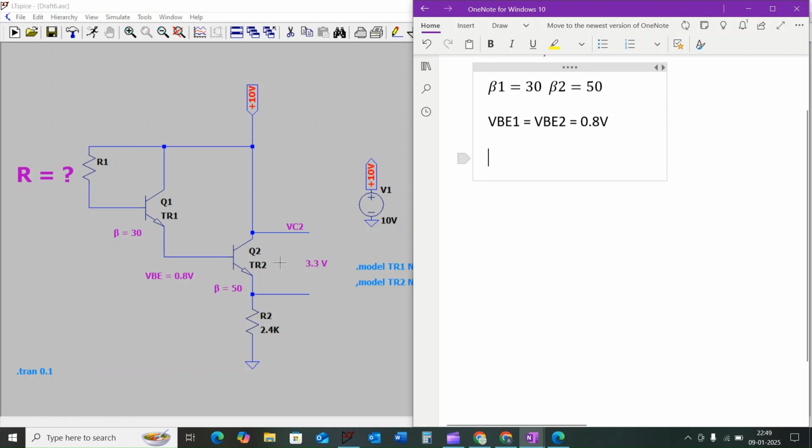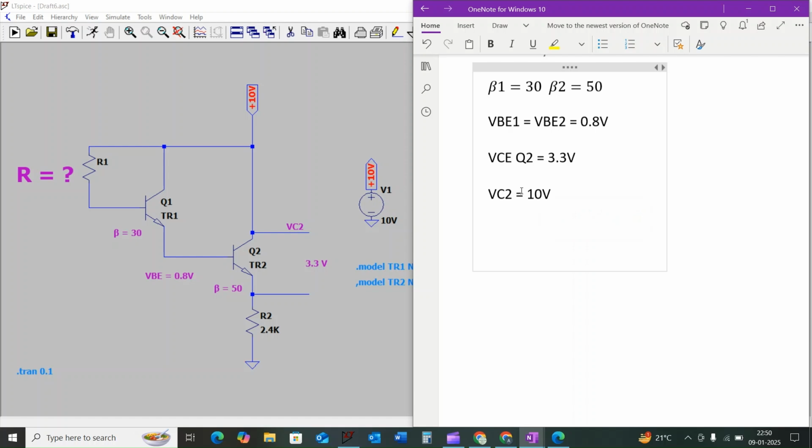We know that the voltage across the collector to emitter of Q2 will be 3.3 volt, and here we are going to apply the supply voltage as 10 volt, so that in this node we are getting the 10 volt. This we can call VC2, which will be the 10 volt.